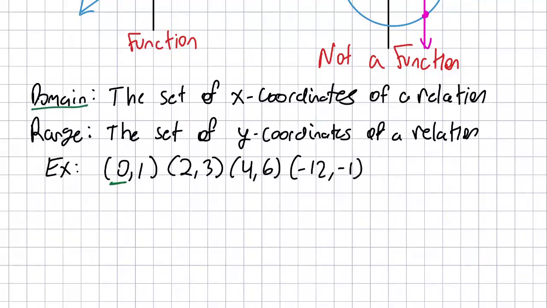Well, the domain is all the x coordinates: 0, 2, 4, -12, while the range would be 1, 3, 6, and -1. Does anyone have any questions?